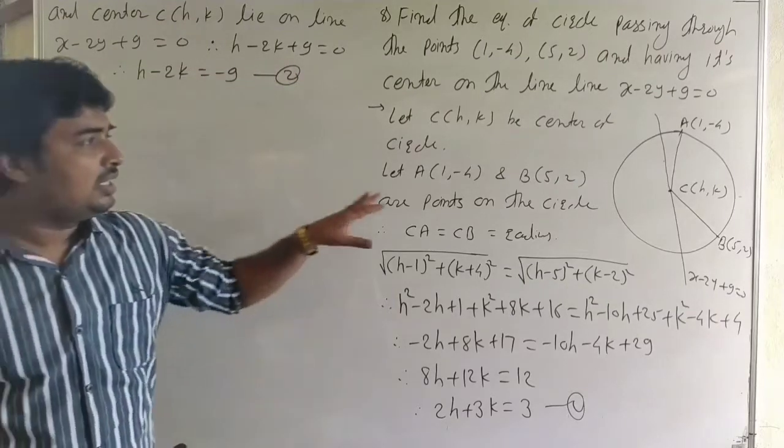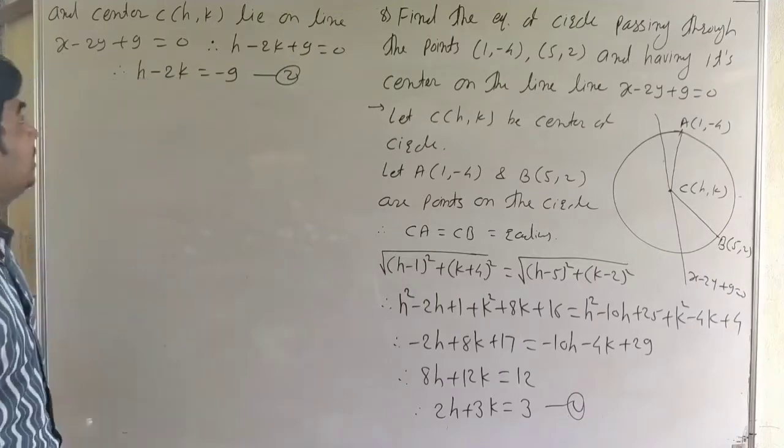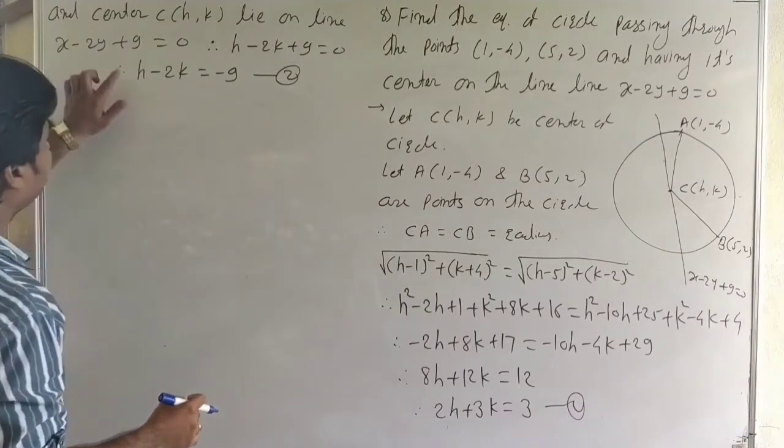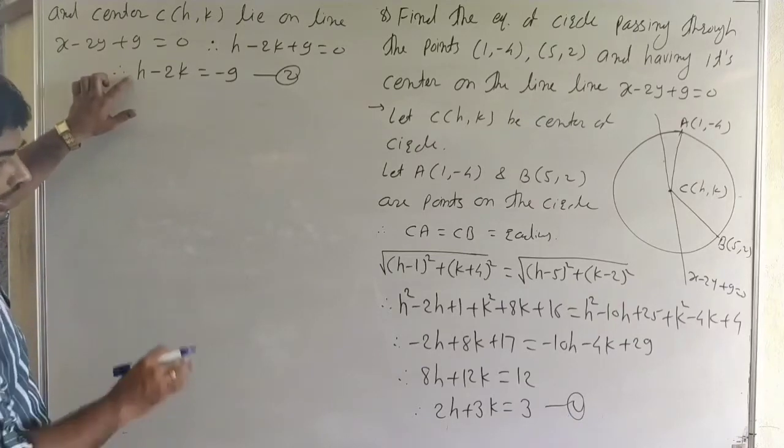Now to find the center we solve equation number 1 and equation number 2. So we multiply equation number 2 by 2 and subtract them.